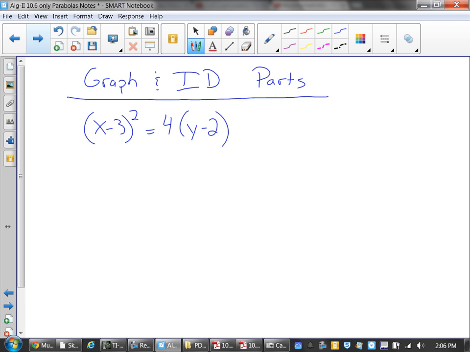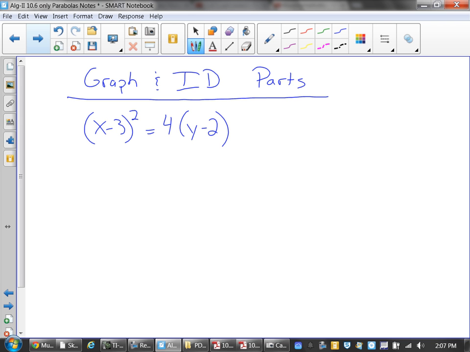We're going to graph this and identify all of the parts. And for you guys, you're probably going to like this because it is very systematic. You follow a process. Like as we talked before, you guys are good at following processes. So we have the formula x minus 3 quantity squared equals 4 times the quantity y minus 2.